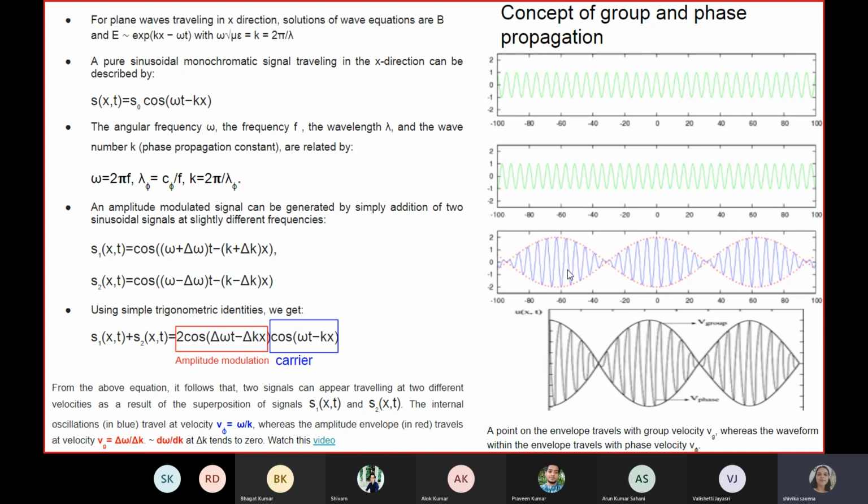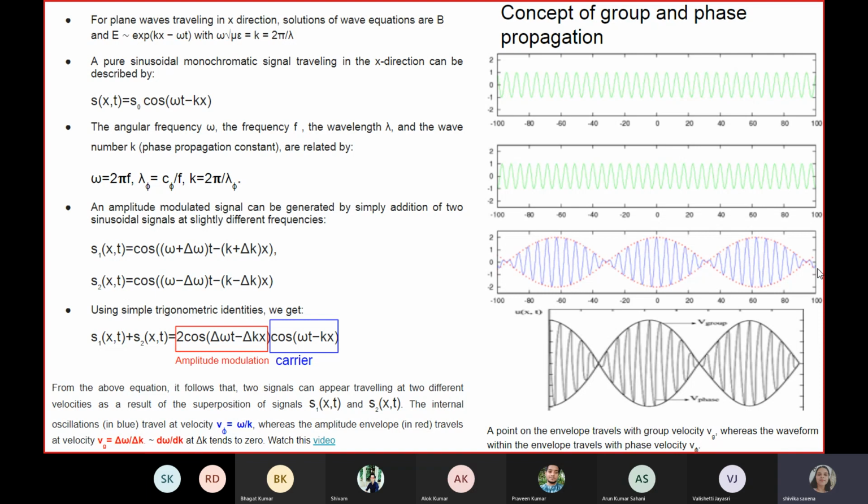You can see some internal oscillations happening in blue. These blue internal oscillations are represented by the phase velocity, v phi, given by omega by k, whereas the amplitude envelope, you can see these red dots in the diagram.